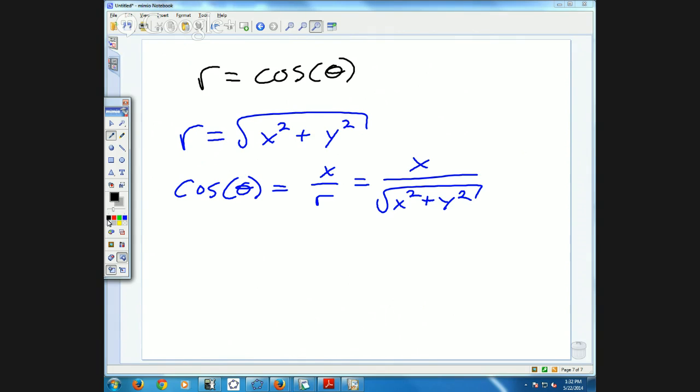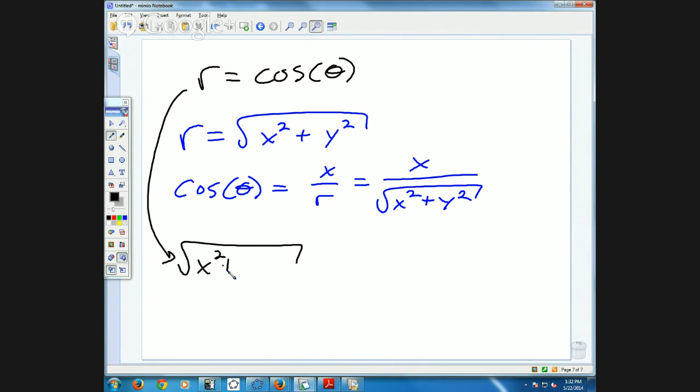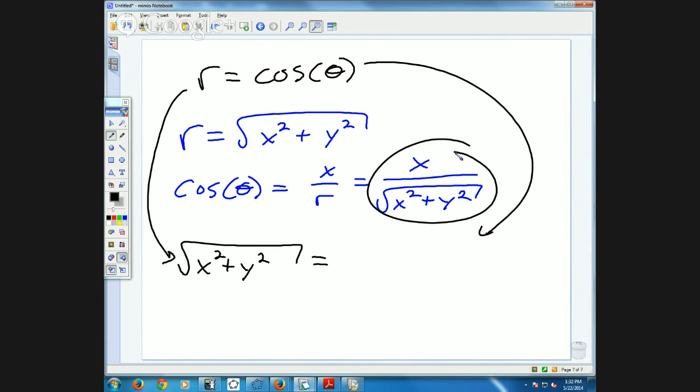So rewriting my black equation, the left side r is really the square root of x squared plus y squared. And on the other side, I can replace the cosine with x over the square root of x squared plus y squared. Not done yet. I would like that denominator to be gone, so I'll multiply both sides by the square root.